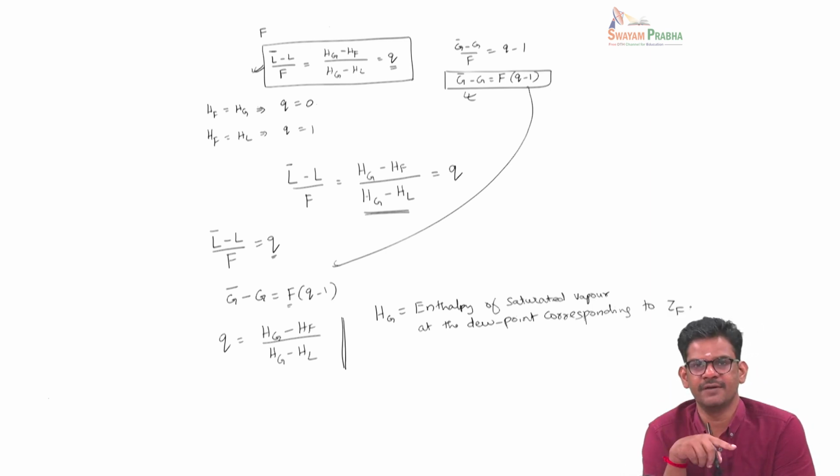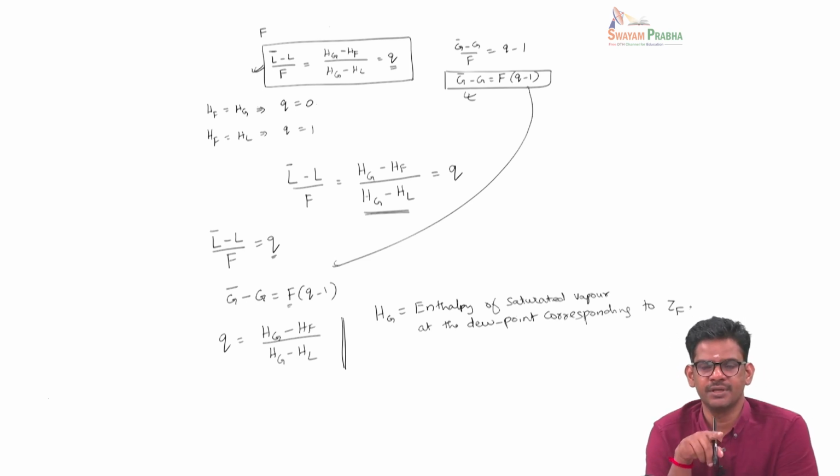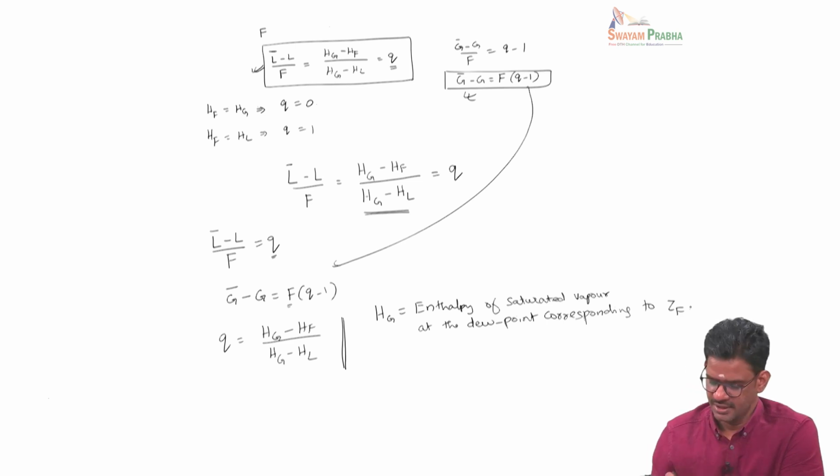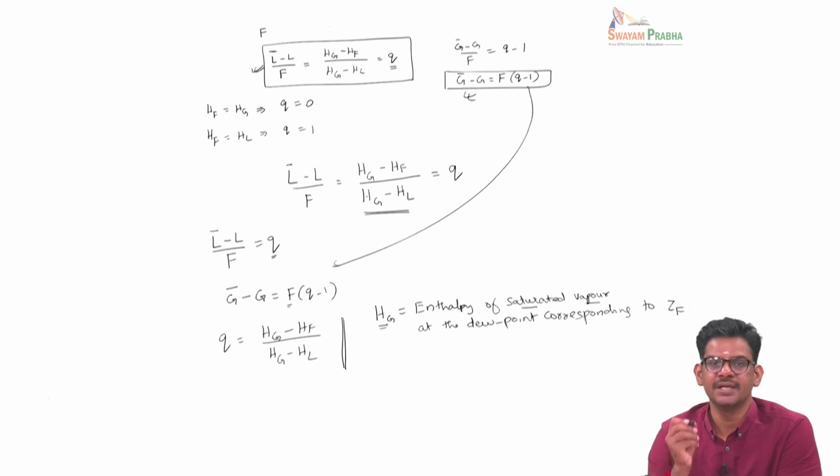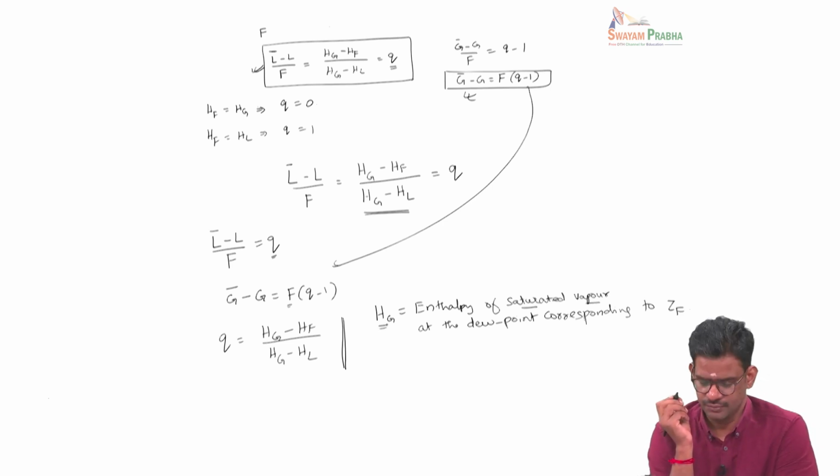So the feed will have a composition ZF. Corresponding to that, from the TXY diagram, we need to find the dew point temperature. At that temperature, we have to calculate the enthalpy of the saturated vapor, which is what HG refers to.